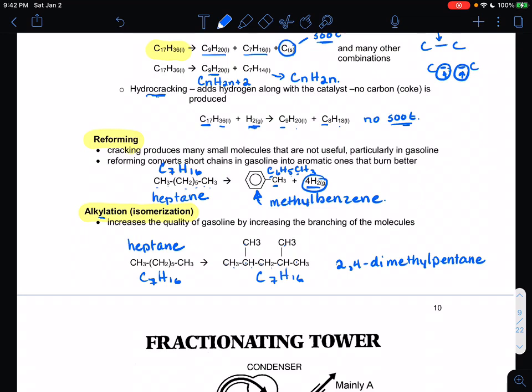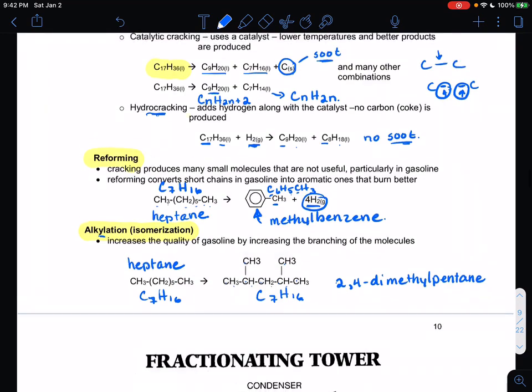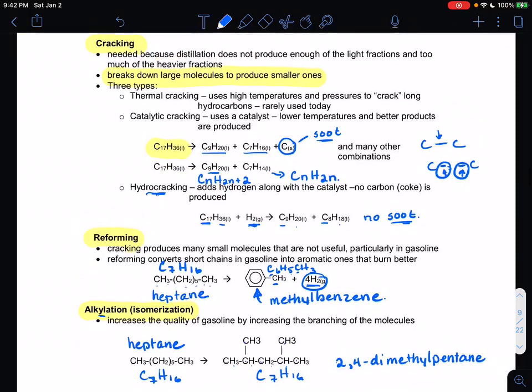And there you're taking long branches or long chains of hydrocarbons and you're changing them so they have branches instead. And again, this process increases the quality of the fuel. Now, we're not talking about how this is done at all. That's complicated and beyond the scope of our course, but you do need to be able to recognize these three types of chemical reactions in organic compounds.